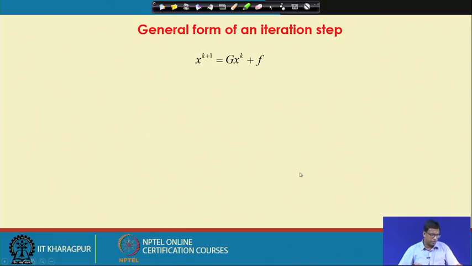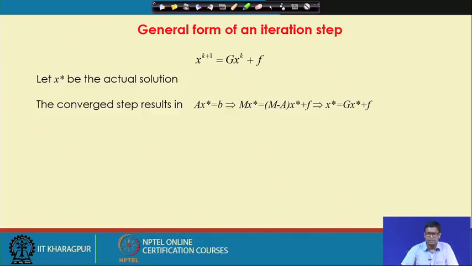So, we further look into these things. Let us say that the general form of an iteration step we got is x k plus 1 is equal to G x k plus f. Let x star be the actual solution. So, A x star is equal to b, and we have seen that this will give us M x star is equal to (M minus A) x star plus f, which is x star is equal to G x star plus f.